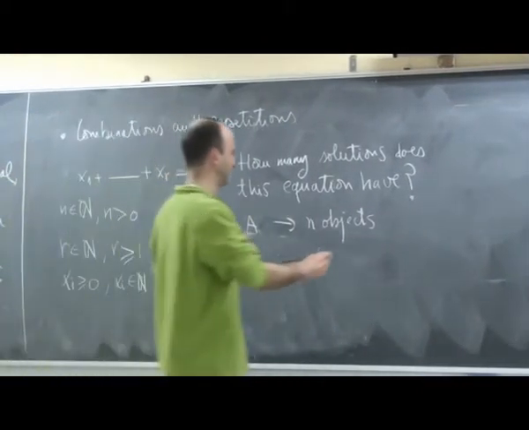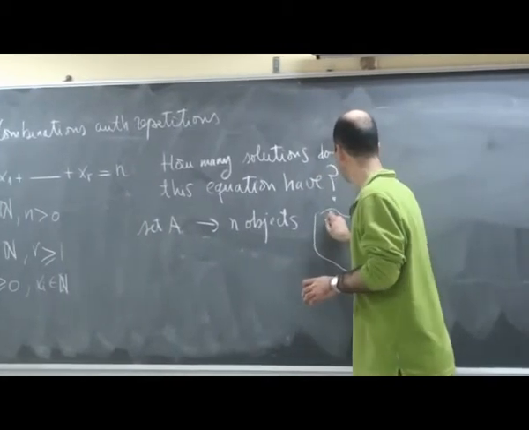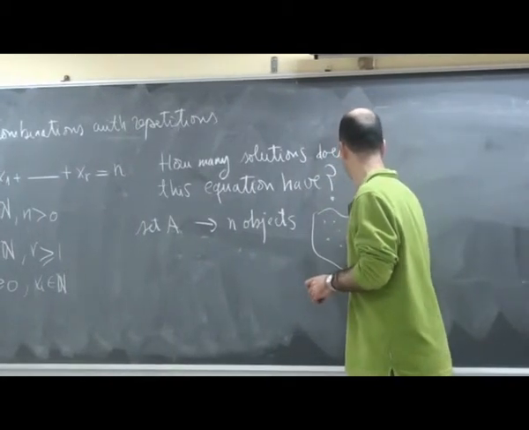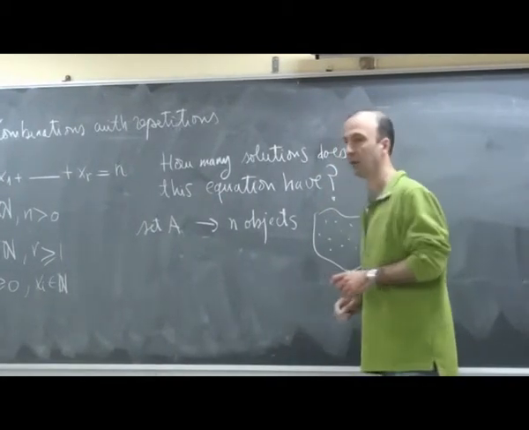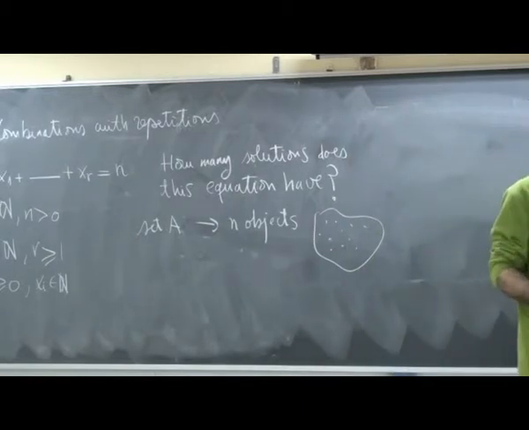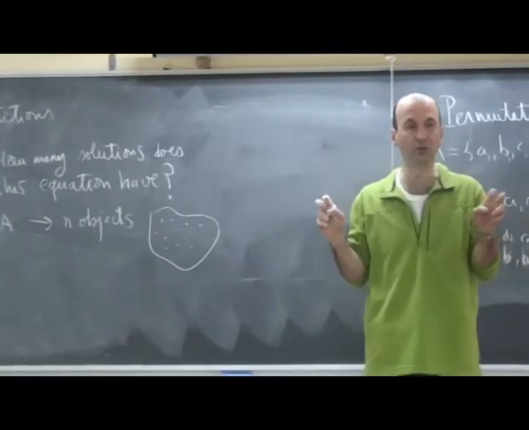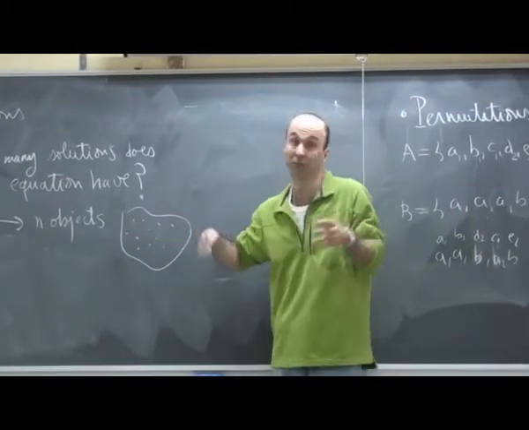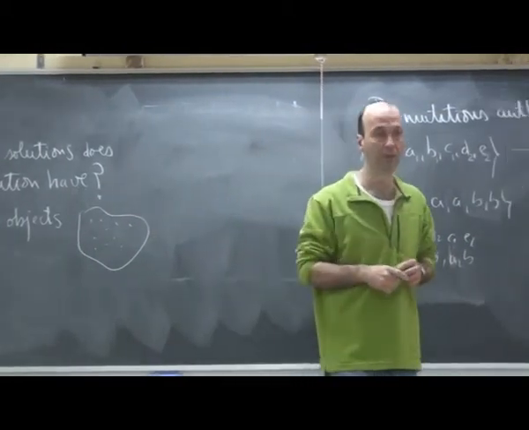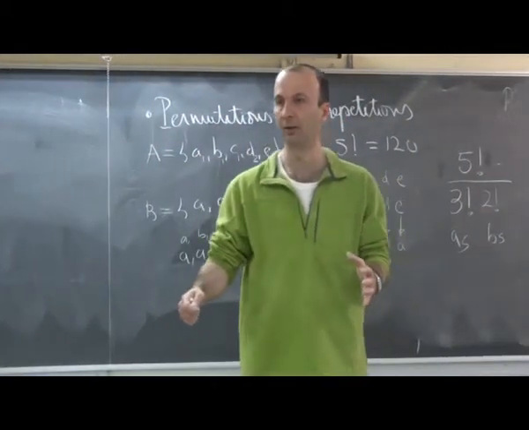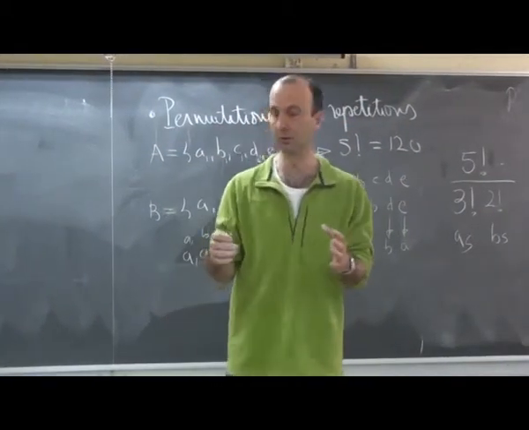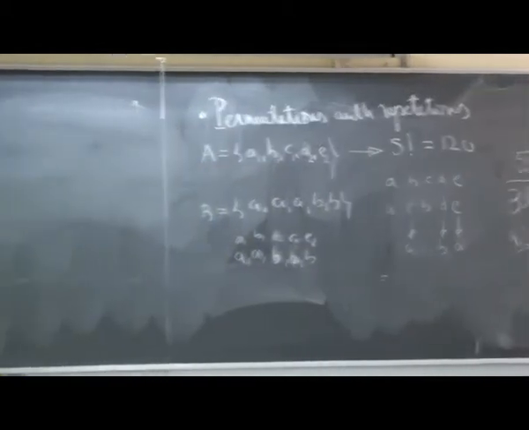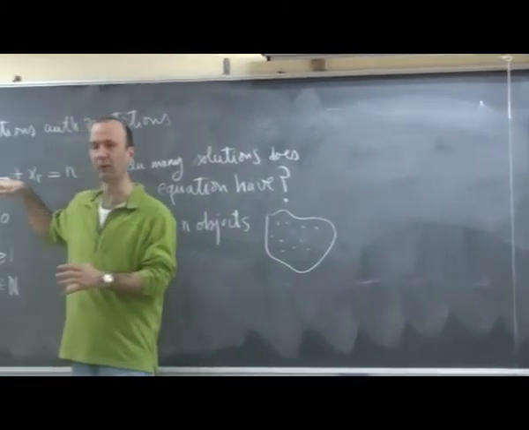So you're given a bag with several elements there. How do I simulate the solution using my bag full of balls? Suppose I have a bag with n balls, and I want to simulate the solution of this equation.